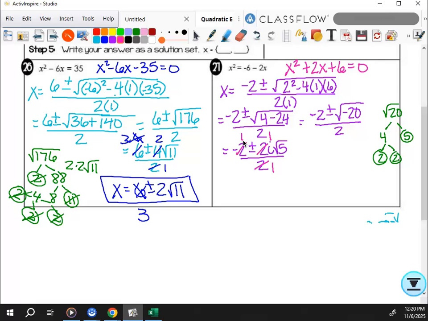So this first term is going to be a negative 1 plus or minus i times the square root of 5. Questions about that? We good? Okie dokie.